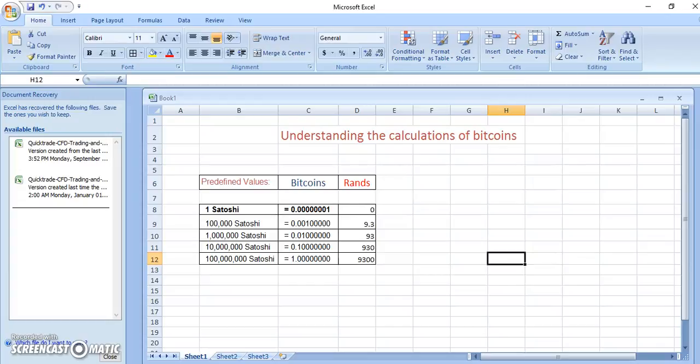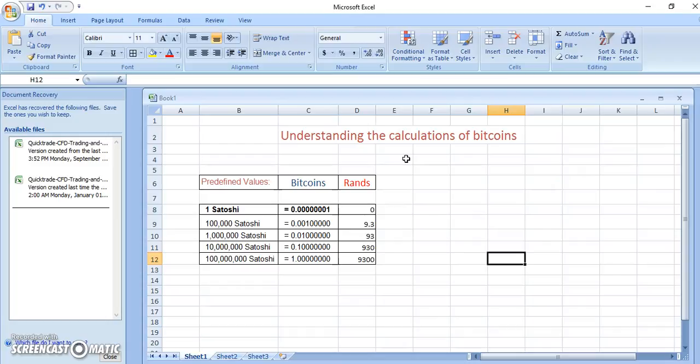My name is Teboho Ndebele, and today in this session we're looking at understanding the calculations of Bitcoins, or understanding the mathematics of Bitcoins. For you to be able to buy Bitcoins, you need some basic information on how calculations are done.